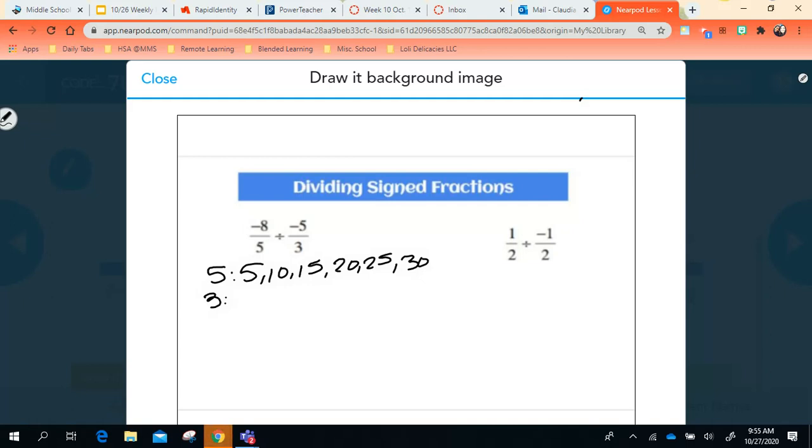This is already 6. What about 3? Can I stop? Okay, so once you get to a number that matches one on the top, don't keep going. You're wasting time. So I have 15 and I have 15. Okay? Next step is fix my fractions.